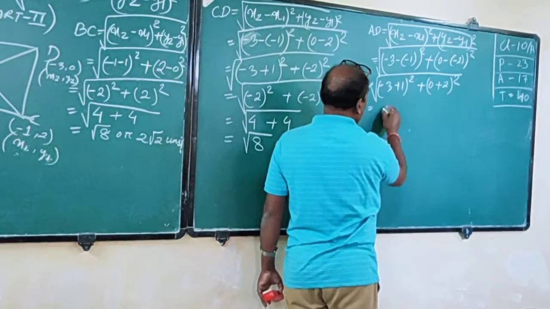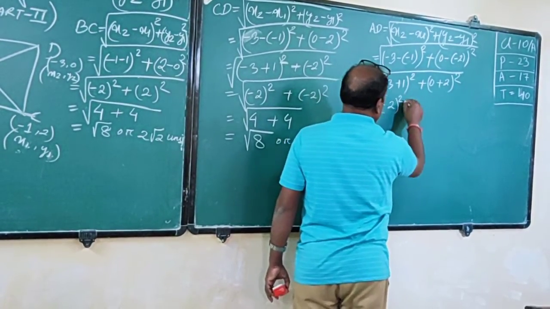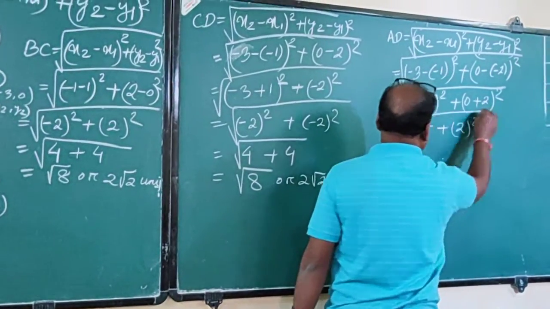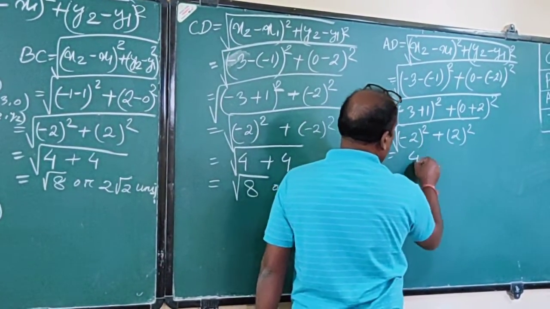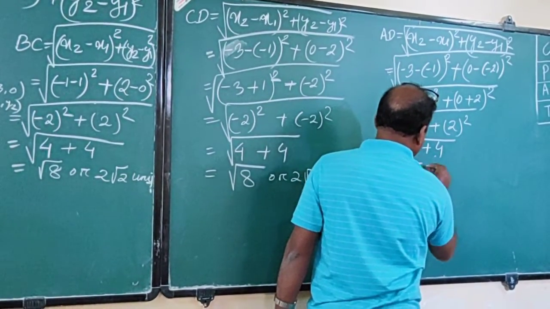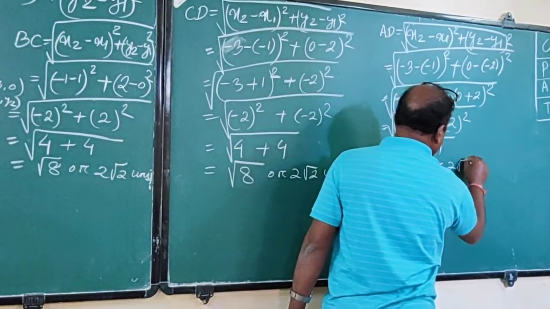Minus 3 plus 1 equal to minus 2 whole square, 0 plus 2 equal to 2 whole square, under root. Now minus 2 squared is 4, plus 2 squared is 4, under root equal to root 8, or 2 root 2 units.